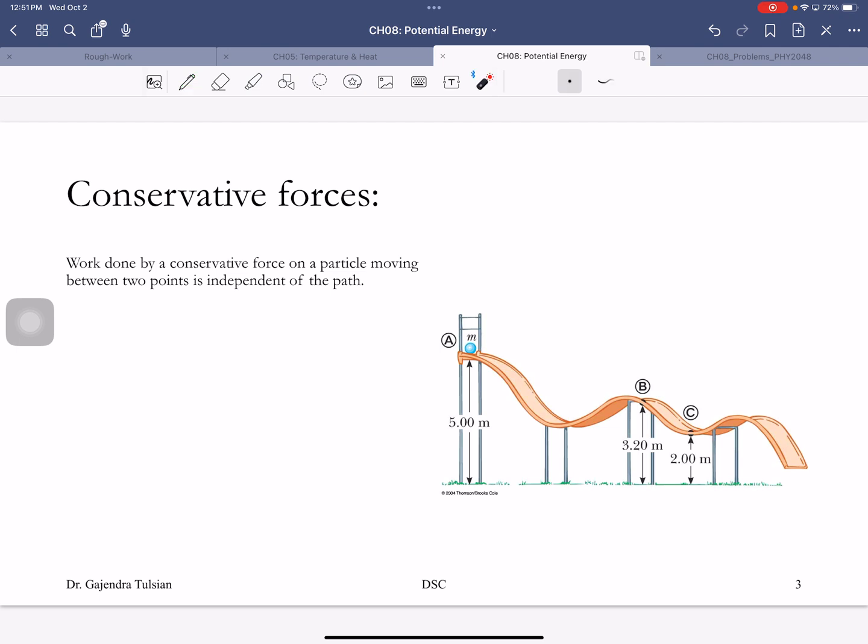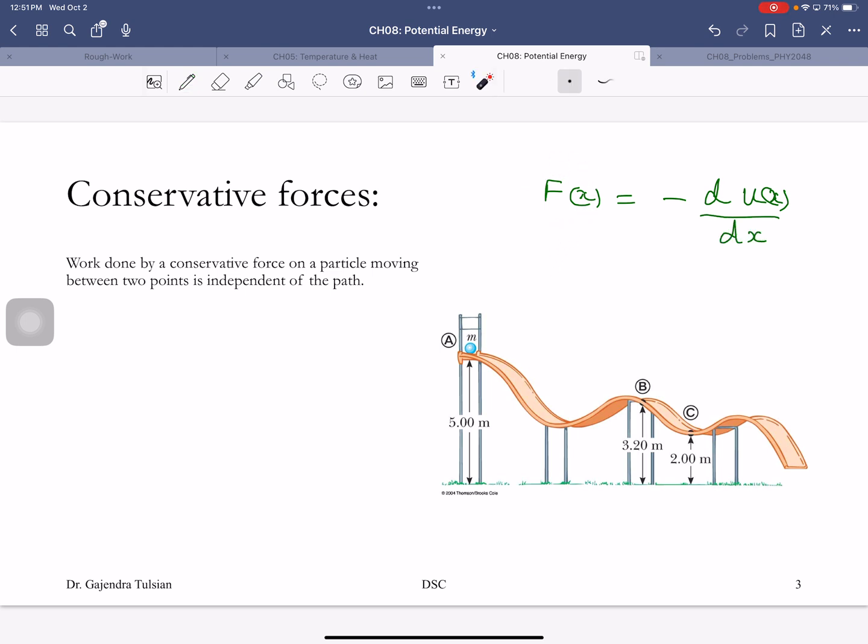So, what are conservative forces? Here are them in one dimension. Okay, so this is a conservative force.